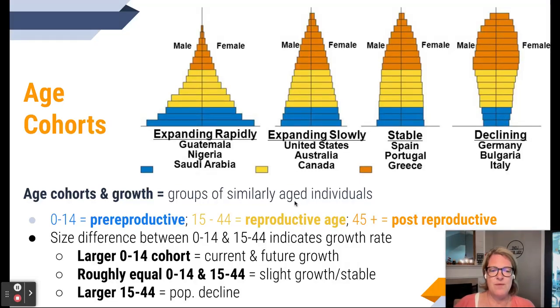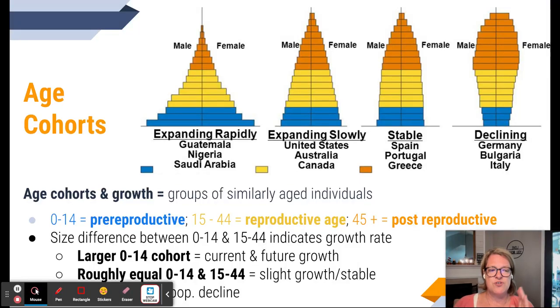And so they're trying to bring in a lot of immigrants so that they can have a larger population growth. Okay. All right. So that's what these different graphs show us. This would be really important to know. So I would maybe draw these graphs into your notes so that you are familiar with what those structures show us. And then I would also write down some of these examples.